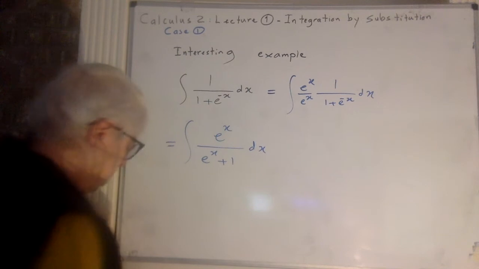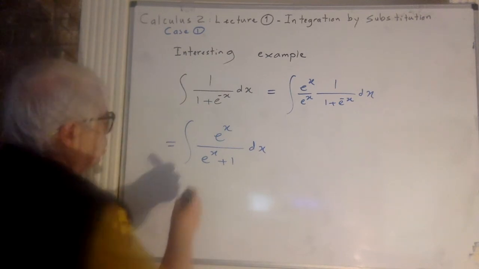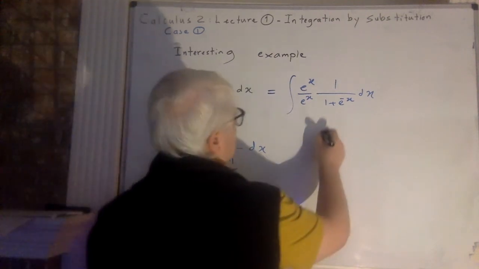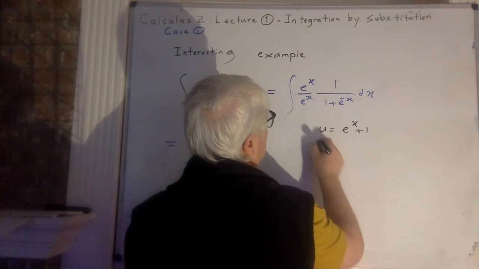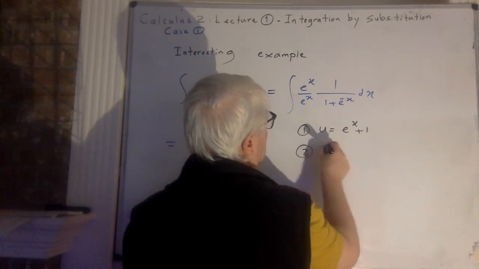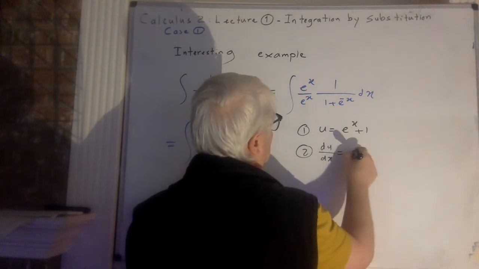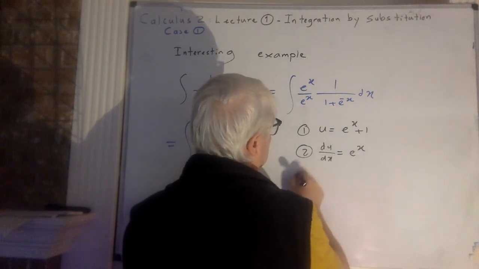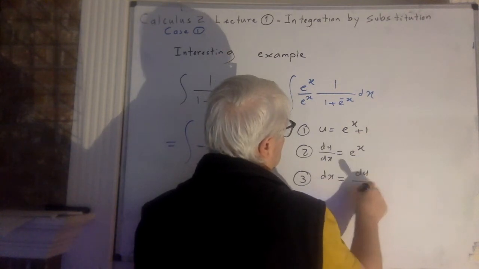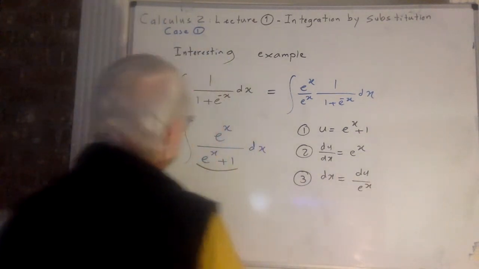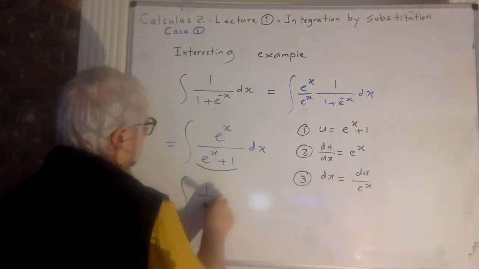Okay, now you can see the u substitution. So this is the inside function. If u is e to the power x plus 1, then du dx is e to the power x itself, and dx is du over e to the power x. If I substitute, I will get the integral of 1 over u du.